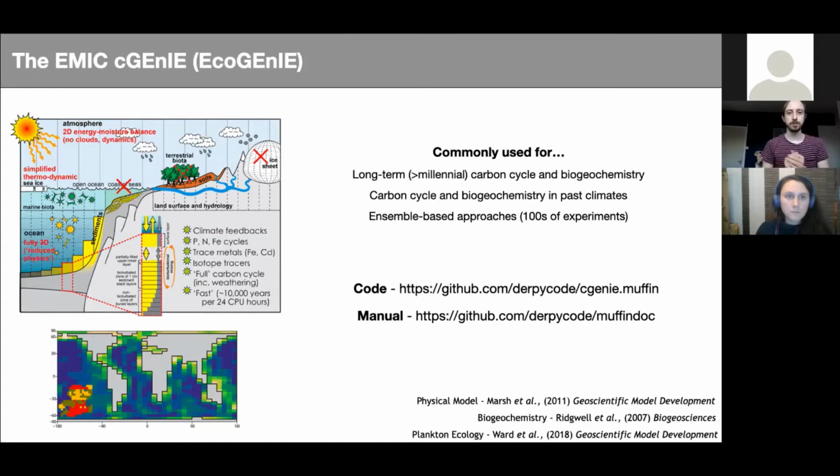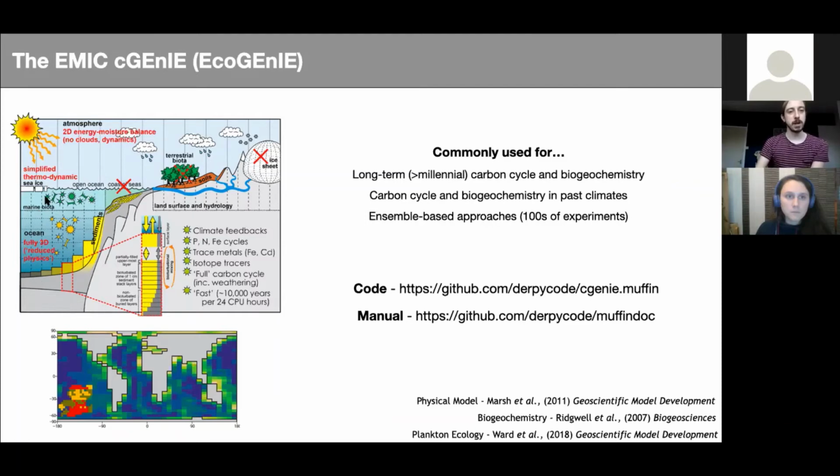So the model we're using here is called GEnIE, and this is a very good example of an EMIC. GEnIE is predominantly used for long-term millennial scale carbon cycling and biogeochemistry and looking at past climates. So it has a 3D ocean circulation, which is dynamic, but it's simplified, so it has parameterized physics.